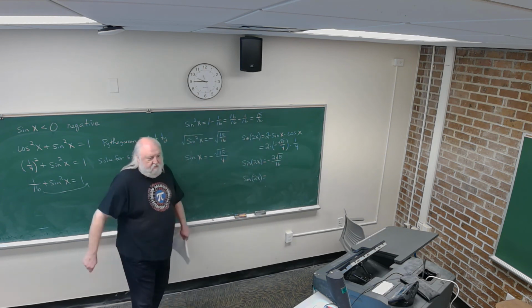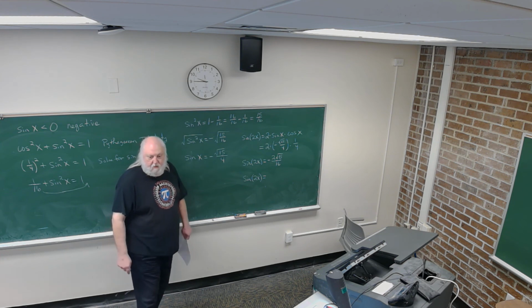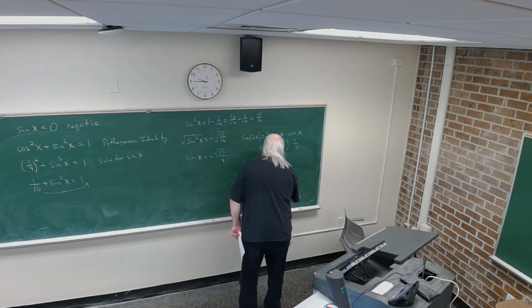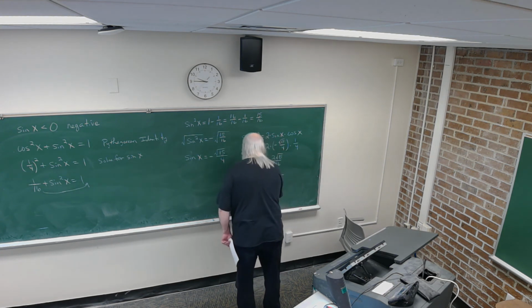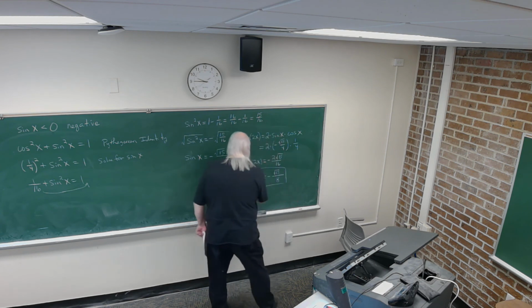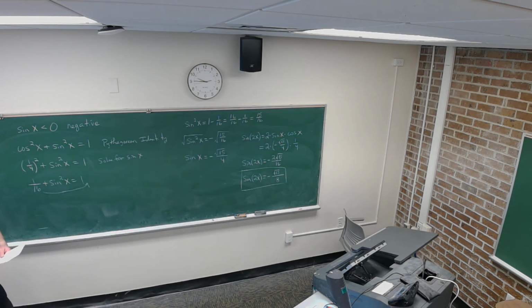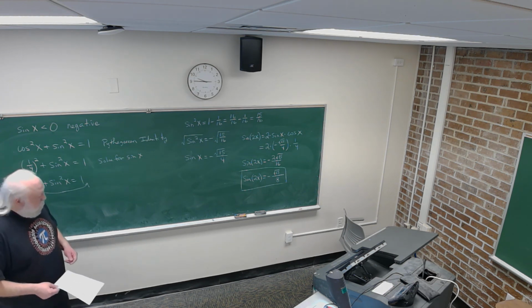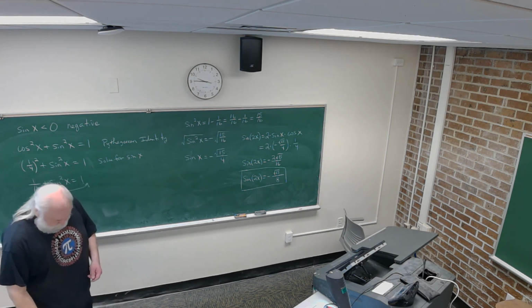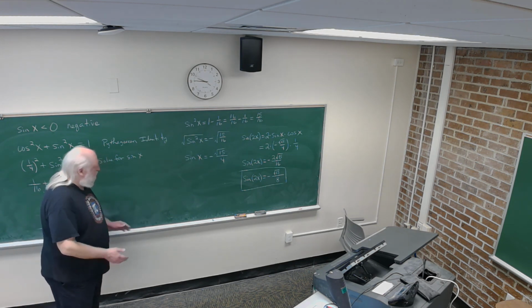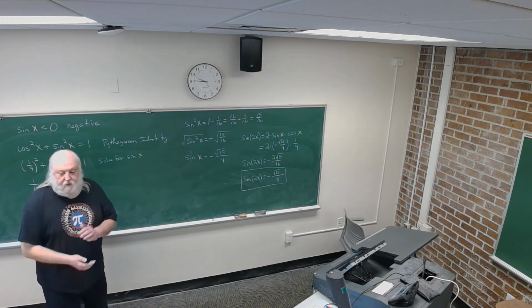And 2 over 16 still reduces to 1 over 8. So we have minus square root of 15 over 8. Any questions on that, ladies and gentlemen?